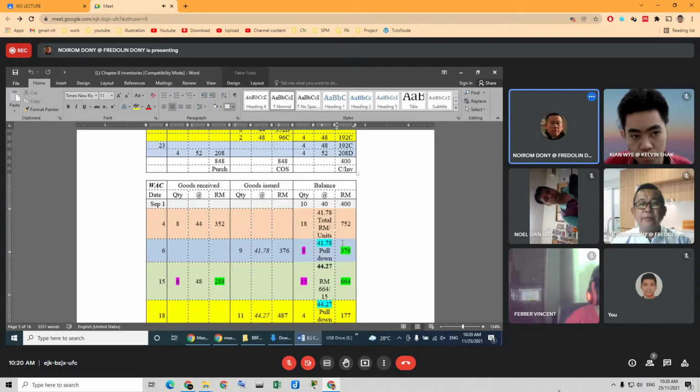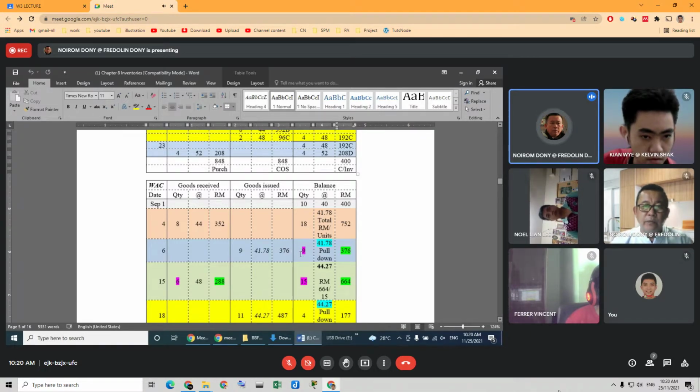Okay. Now, why do I use the previous balance total minus the issued total? Because we want to ensure the accuracy of the total cost. If you use this quantity and then times cost per unit, the total amount will be far different from the actual.